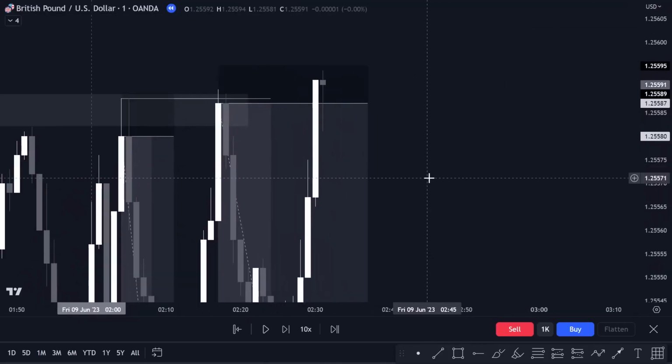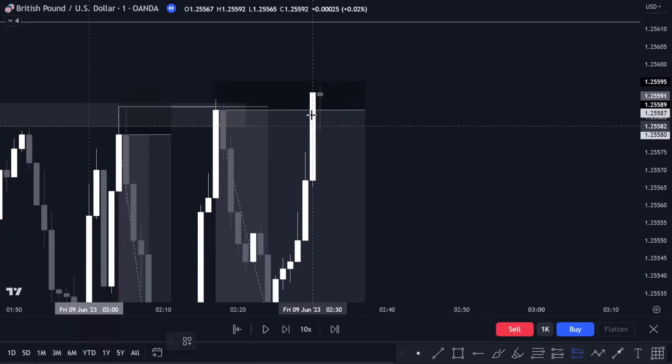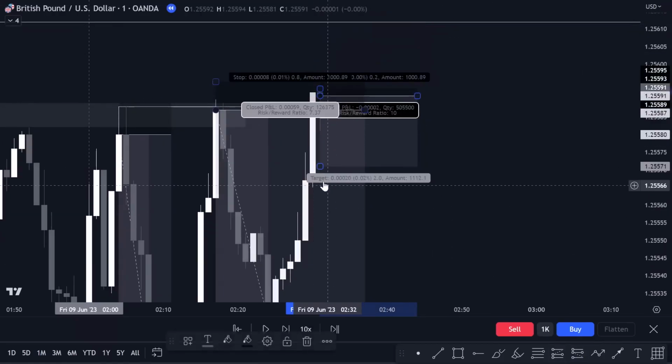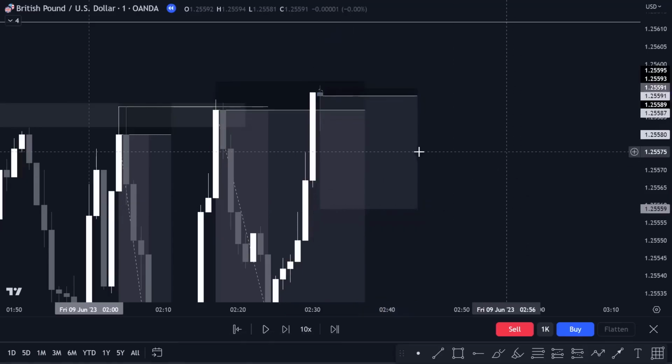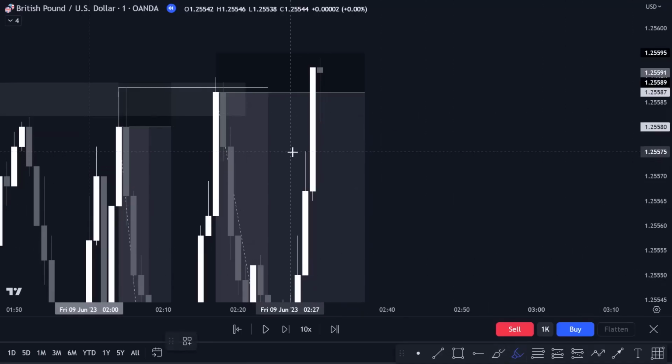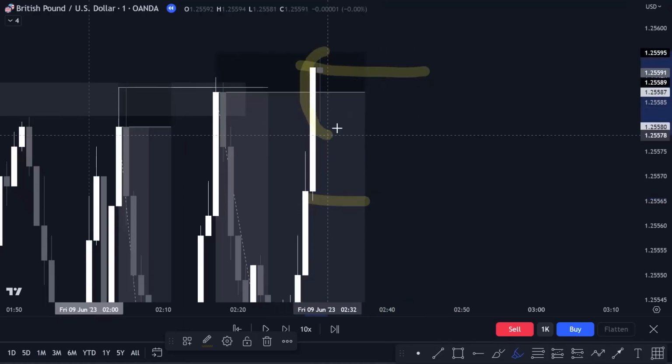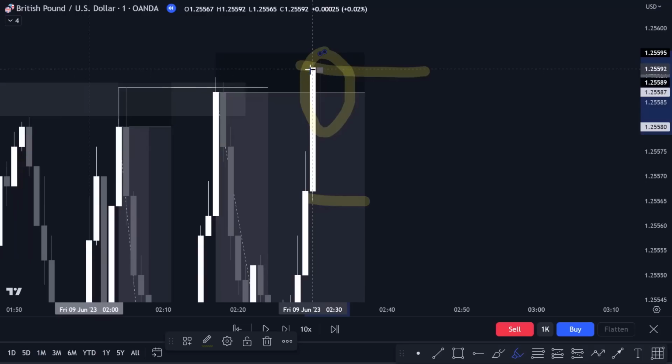This next candle, a lot of people would enter from here, stop loss here, and then take profit maybe here at this candle. But this is an inside candle. You see how this candle is a big momentum candle, and this one is only an inside candle, a very weak candle compared to this one.